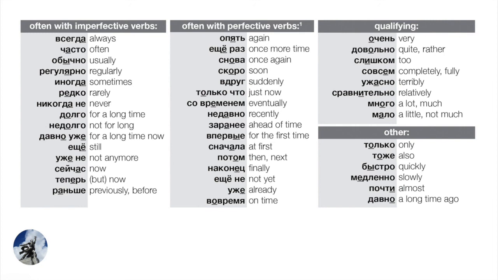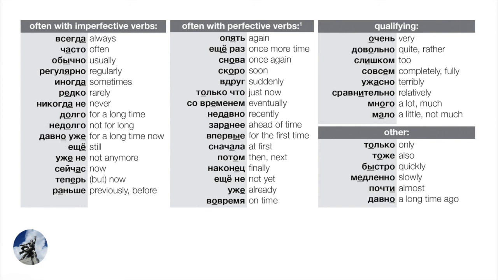Очень, довольно, слишком, совсем, ужасно, сравнительно, много, мало. Those final two I'm not sure we saw earlier. Those are easy, pretty simple. For example, я читаю много, я много читаю.